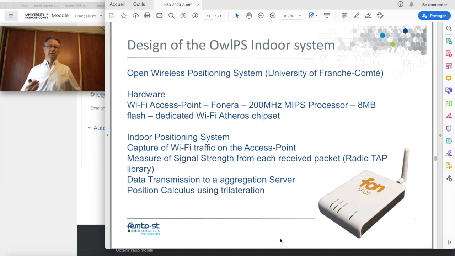What is interesting in this hardware is the Atheros chipset, which allows use of a driver where access to the received signal strength is quite easy.